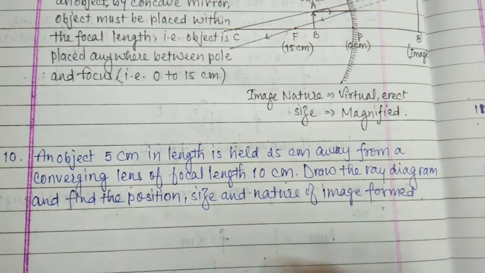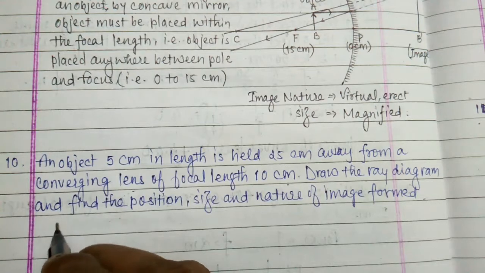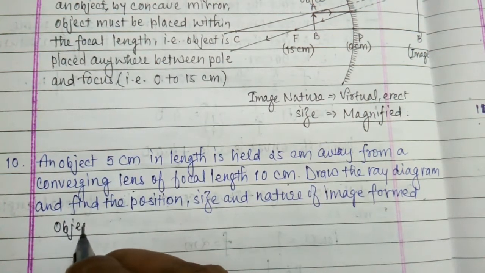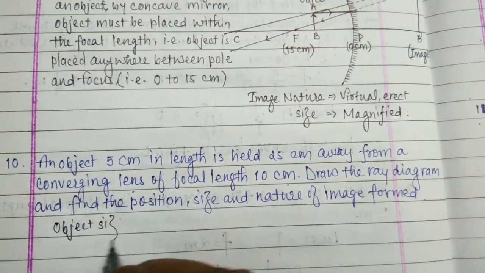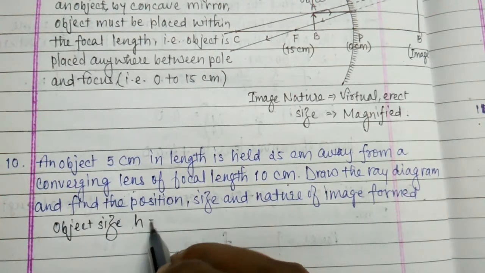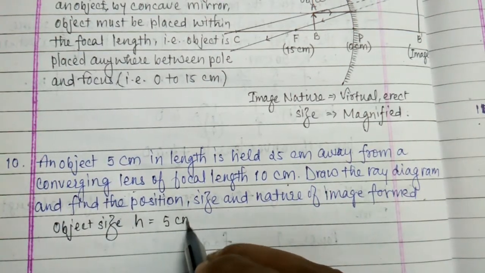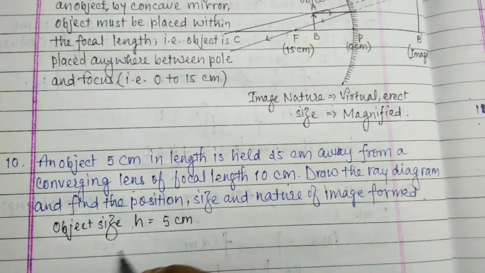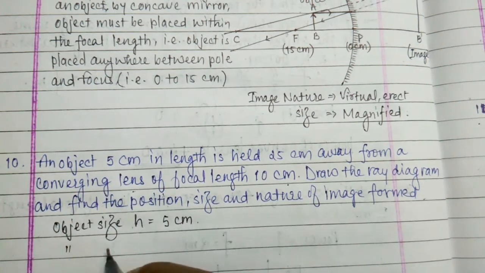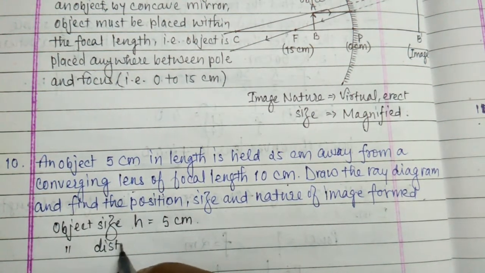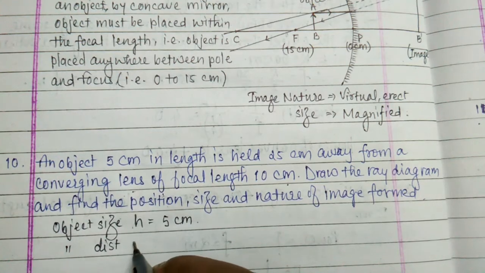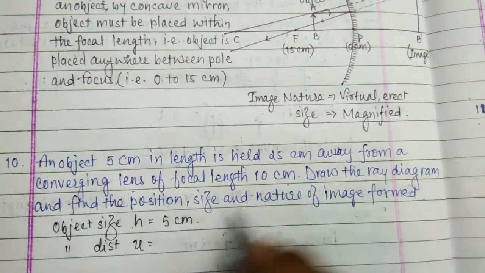So, object size 5 centimeter. Object distance is equal to 25.